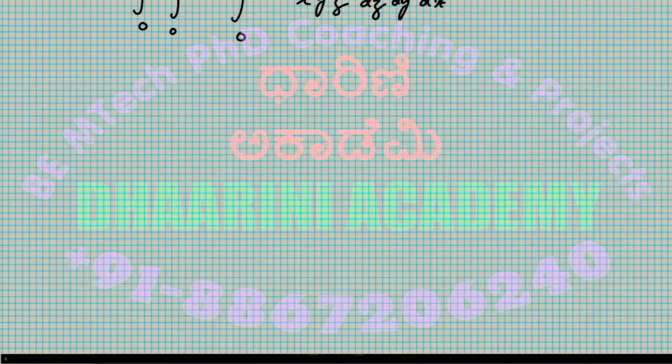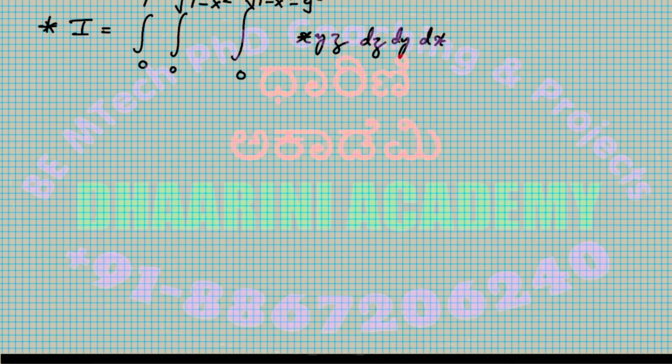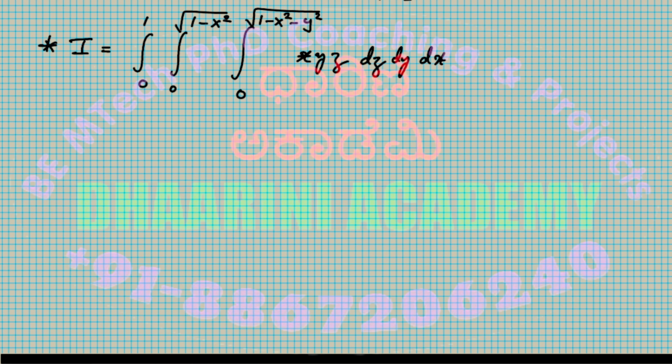Okay, so like every problem we solve in case of a double integral, we just have to add one more integral to that. That's all. That is with respect to z. All right. So let's start solving.